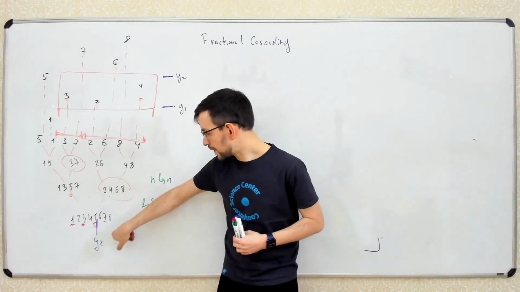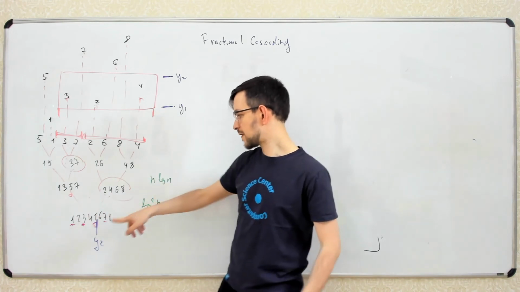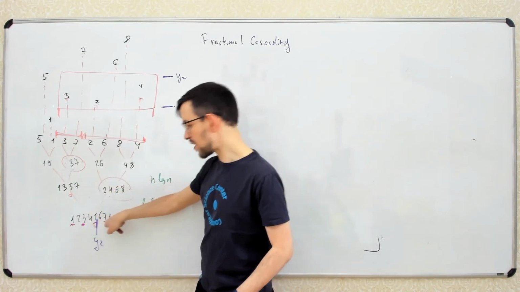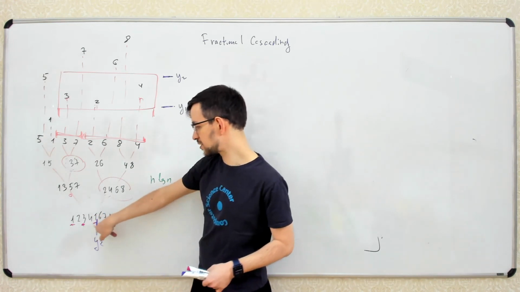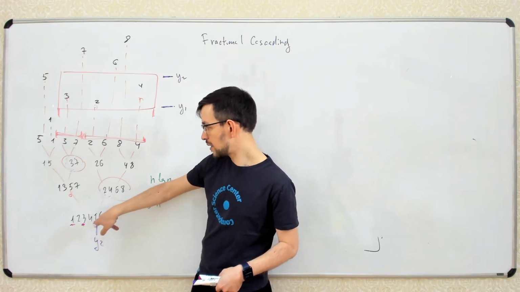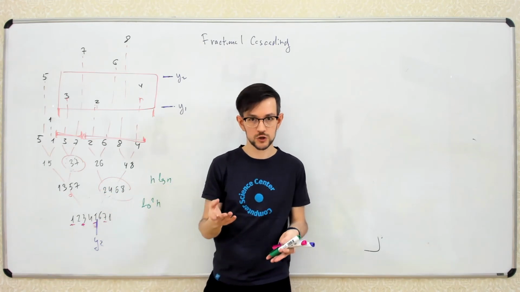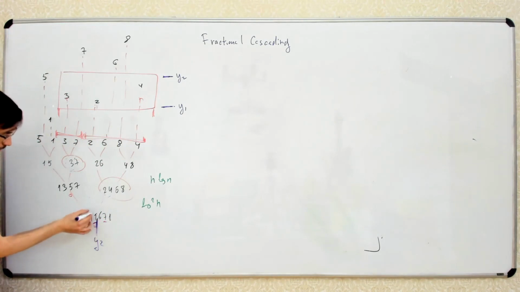So if we know that our current position is between 5 and 6, we know that if we move to the left subtree, we will be between 5 and 7, always. So our position depends only on our position in this array. So if we know the position of y2 in this array, we know the position of y2 in this array. We don't need to make a binary search to find it. So we always, when we stand here and move to the left subtree, we will be here.